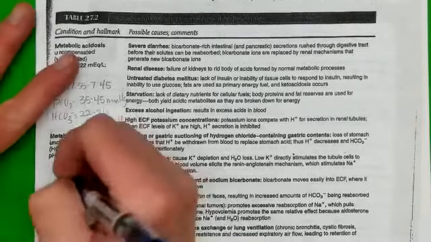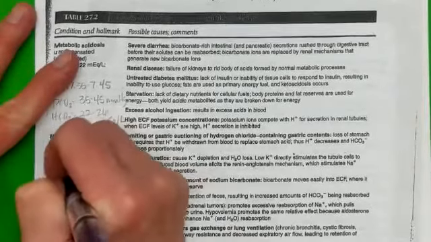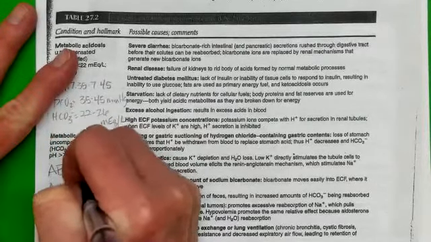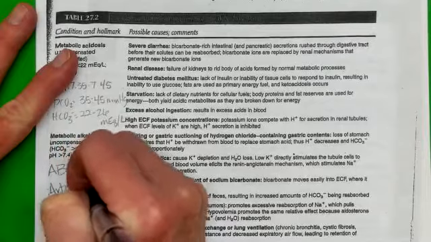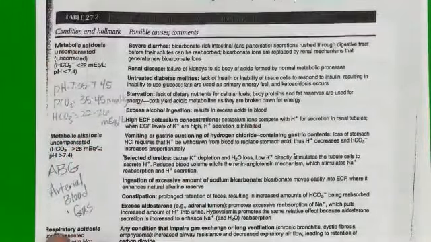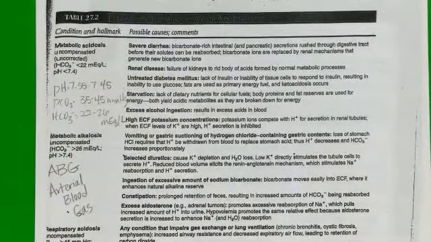And so ABG stands for arterial blood gas. And what we're testing now, we're going to test some other things. We'll test PO2 as well, but that's not going to have a big effect on our diagnosis.